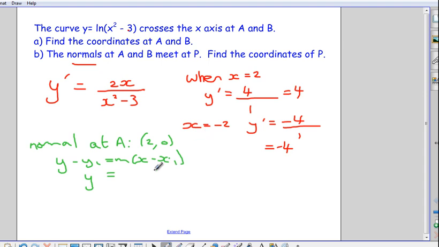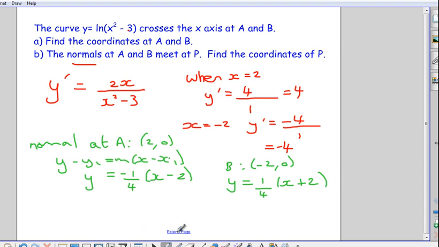So that's going to be minus a quarter, x minus 2. Okay, so that's our normal at A, and if we do our normal at B here, B, don't forget, is minus 2, 0. So we're going to get y minus y1, well that's 0, is equal to change of sign and find the reciprocal, so this will be positive a quarter, x minus minus 2, so that becomes plus 2.